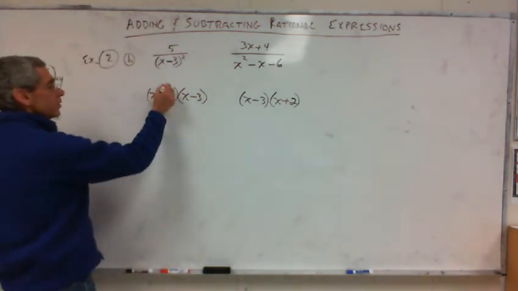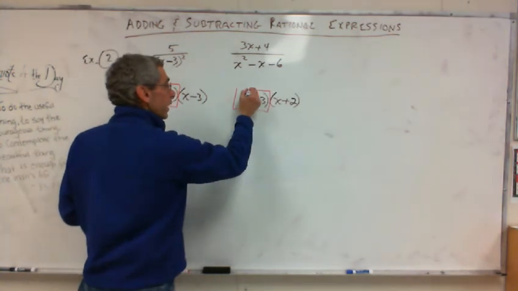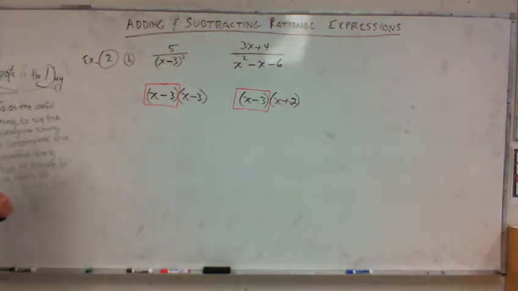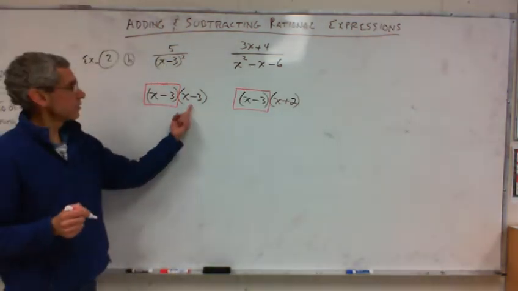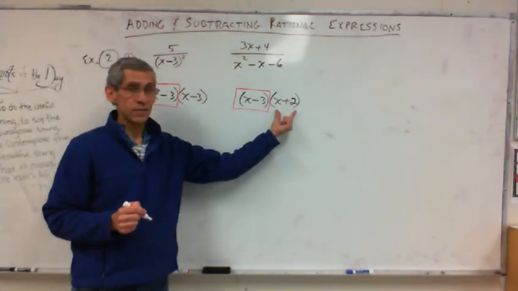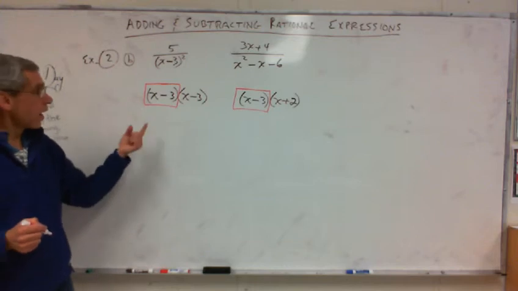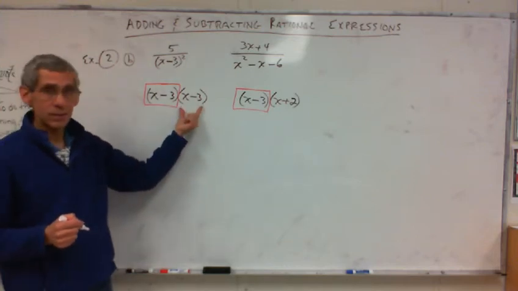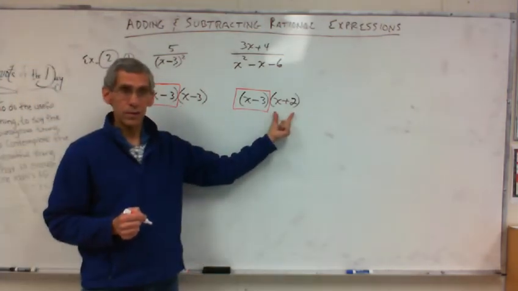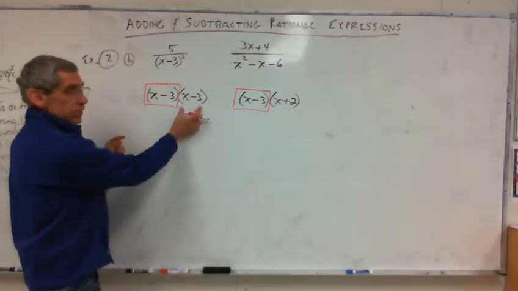All right, so I'm going to look at this. That and that are the same. So that's great. They have something in common, right? But this is not over here. You see that? And this is not over here. You see that? Does that make sense? So I have to get this over here, because this isn't going to go away.